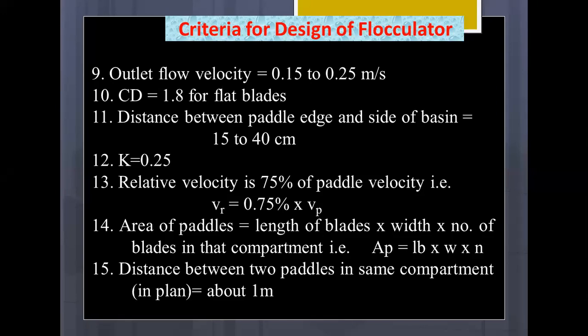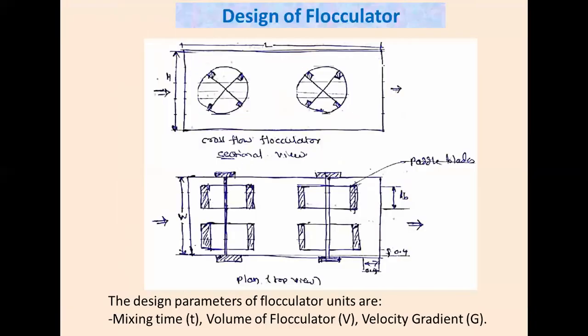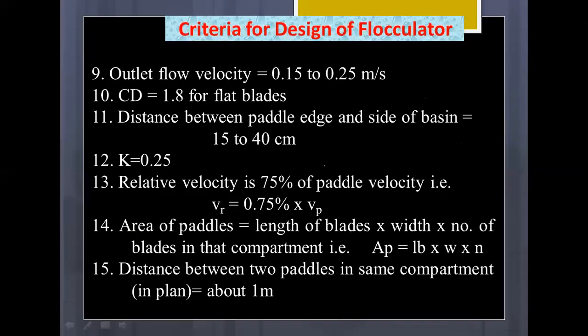Okay. Distance between two paddles in the same compartment, in plan, is about 1 meter. So between these two, it should be 1 meter. So these are the different design criteria for the flocculator.